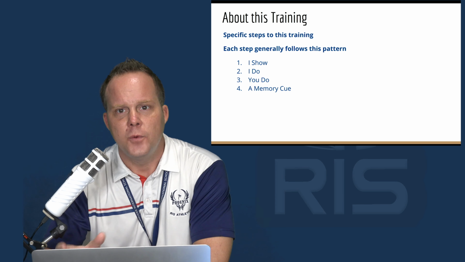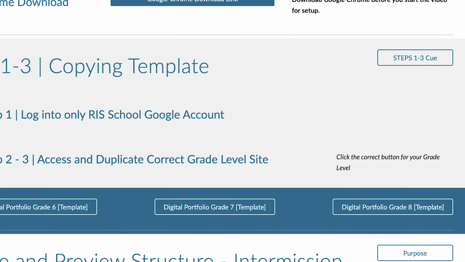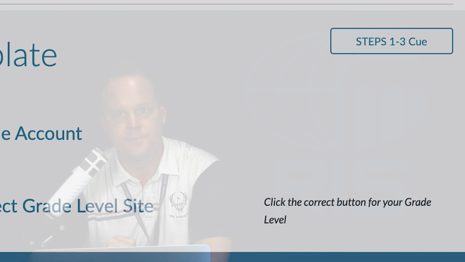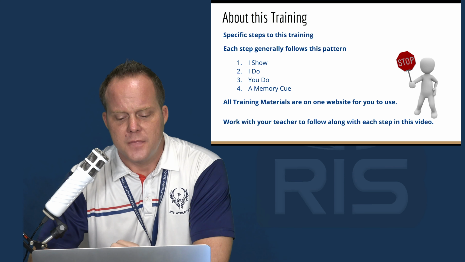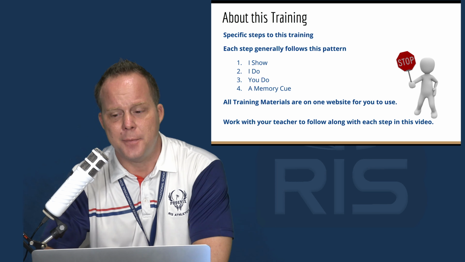Finally, we'll provide a website with links to each step, and you can rewatch if you didn't quite get the initial explanation here in this video. And you'll work with your teacher along with this video to complete each step.